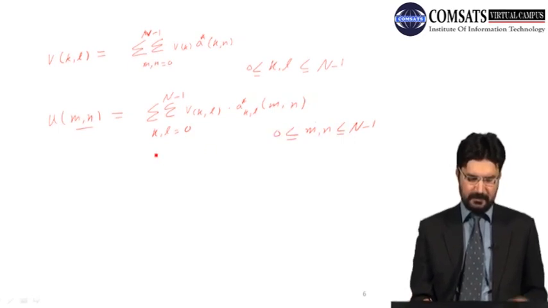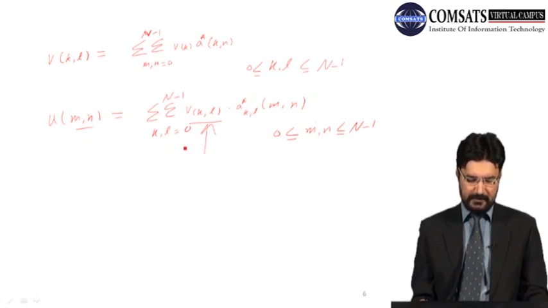So if we take this expression, both M and N will vary from 0 to capital N minus 1. To compute this VKL, we need complex multiplication and addition, and that has to be performed on order of capital N square.